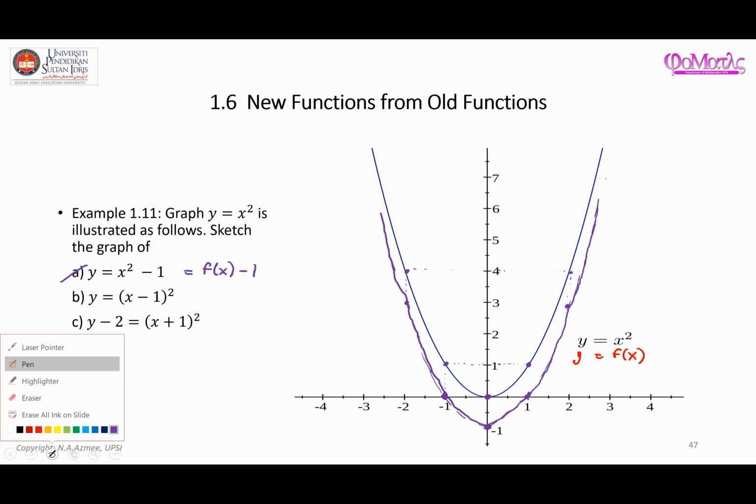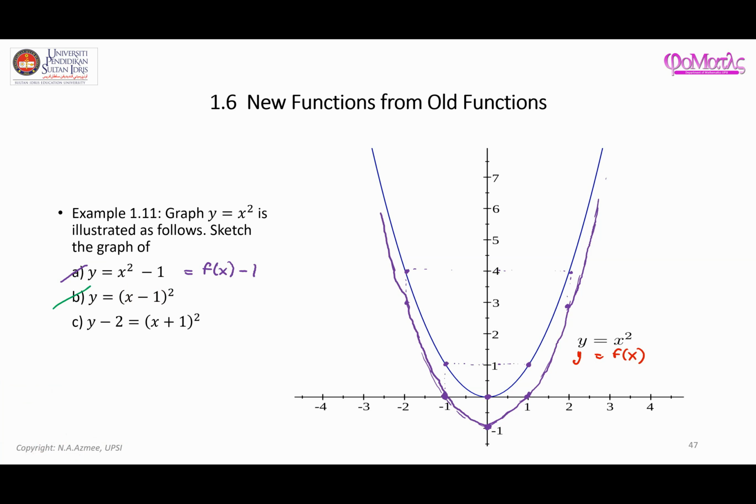So how about this one? How about y is equal to (x minus 1) squared? In this case, you can see that the change is done for x.